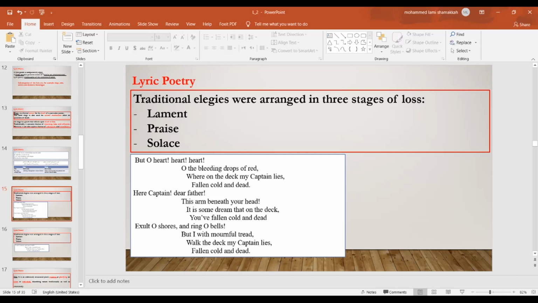And how is that? Where are the features, or how is the lament traced in the presented verses? We're going to discuss that in the Zoom meeting.